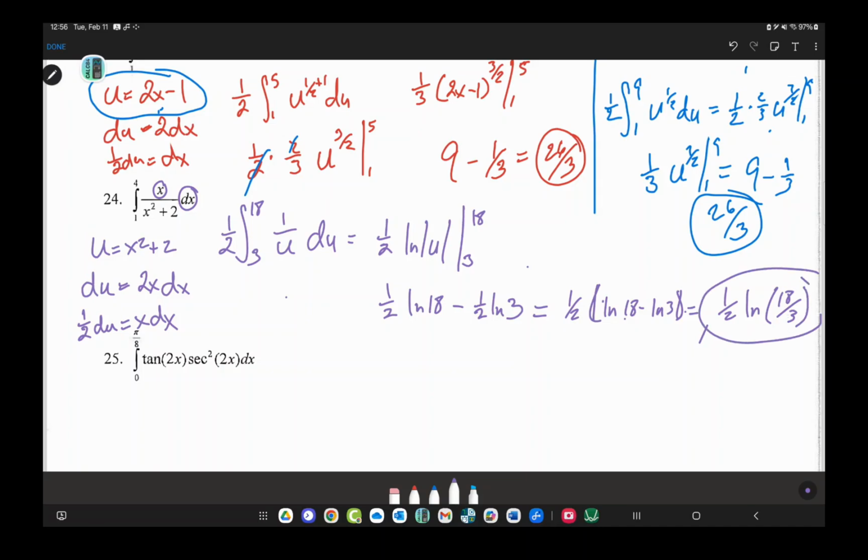And you can bring the 1/2 as a power, yes, if you really wanted to. Oh wait, yeah, because 18 over 3 is still reducible. I'm not done yet. So I get 1/2 the natural log of 6, or the natural log of the square root of 6. There you go.